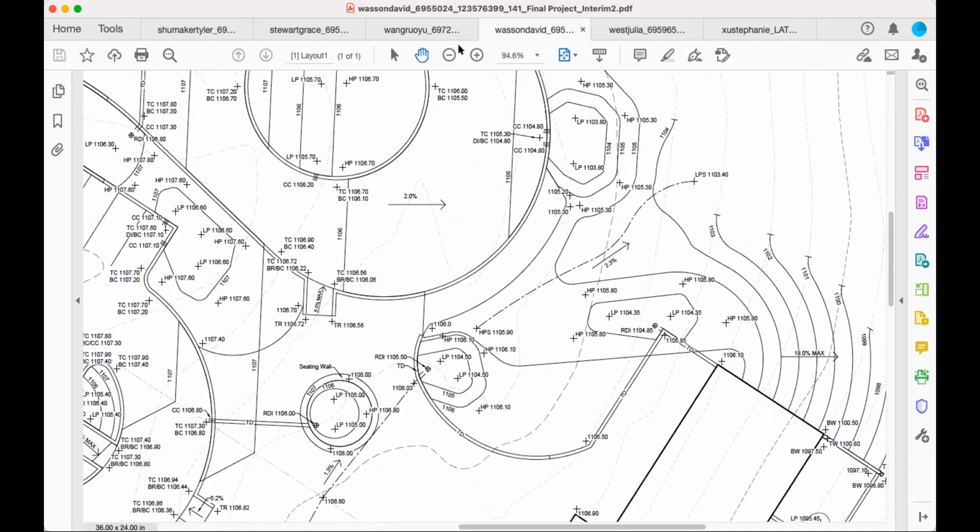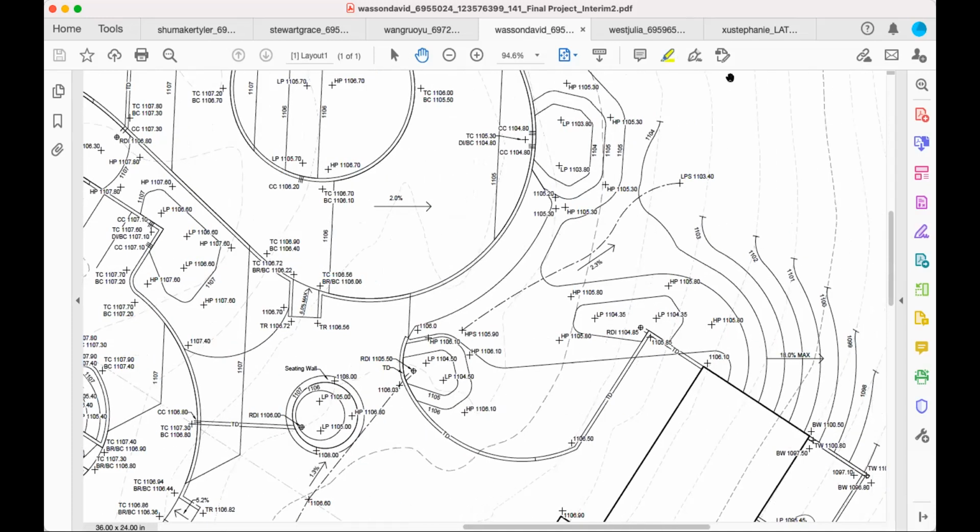So if you have a swale, all these locations need spot elevations. Let me turn on copy. So all those spots. Yeah, I think it's only that one that's missing.